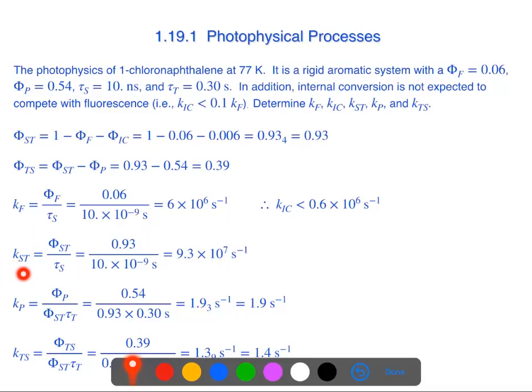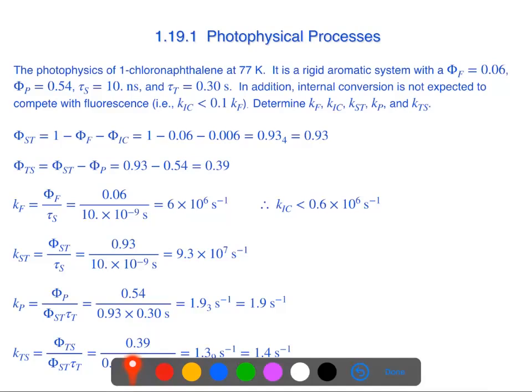KST can be calculated in a similar manner. We can substitute in the quantum yield of intersystem crossing from the S1 to T1 and divide by the singlet lifetime specifically. In doing so, we end up with a rate constant of 9.3 times 10 to the 7 seconds to the minus 1.